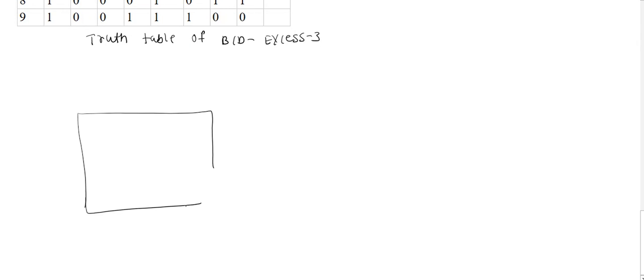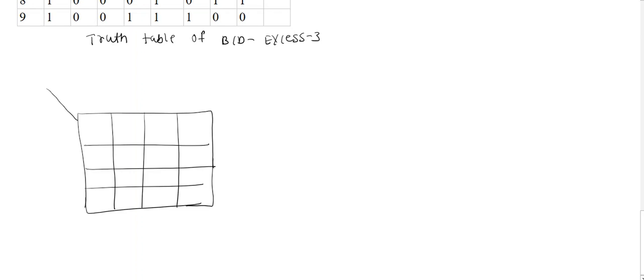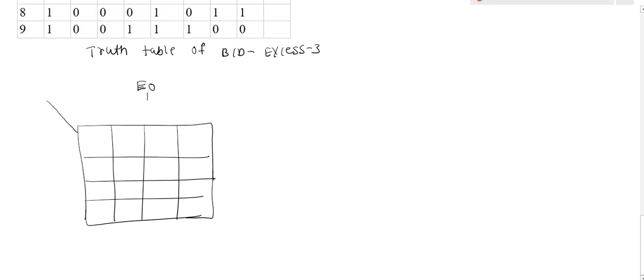This is the first K-map, for E0. For E0, the variable names I have to represent as B3, B2, then B1 and B0.